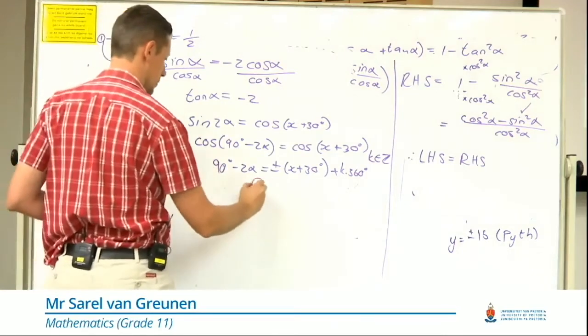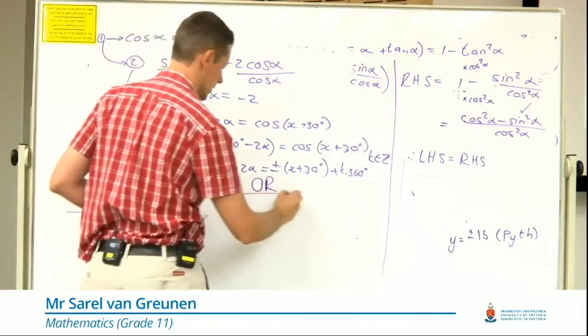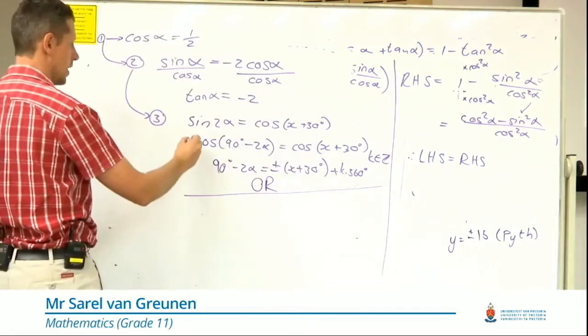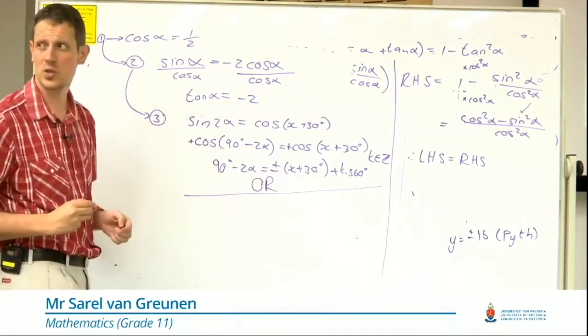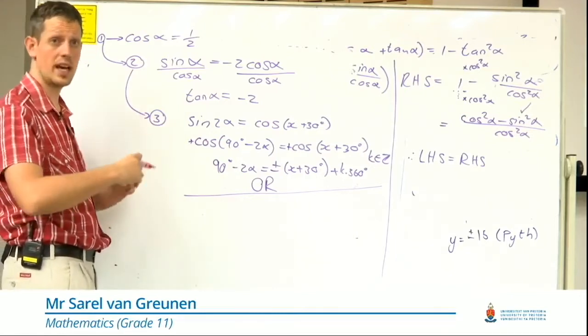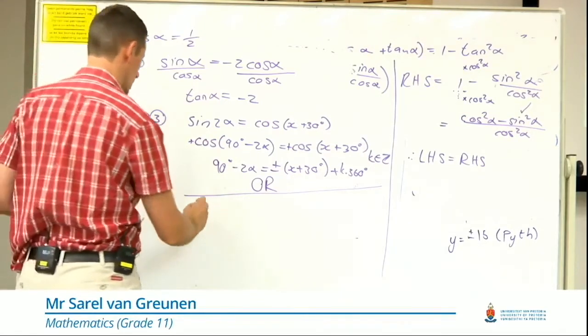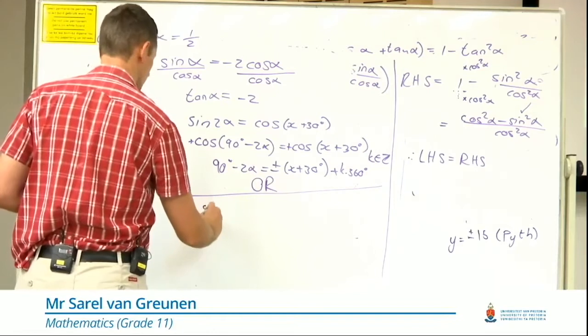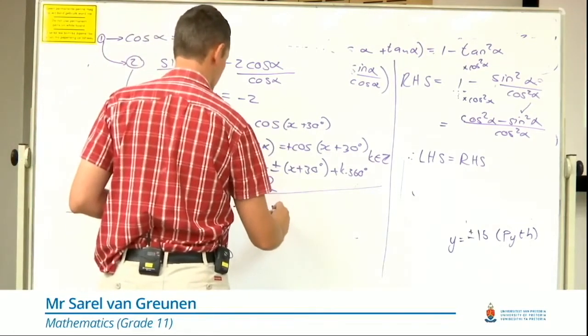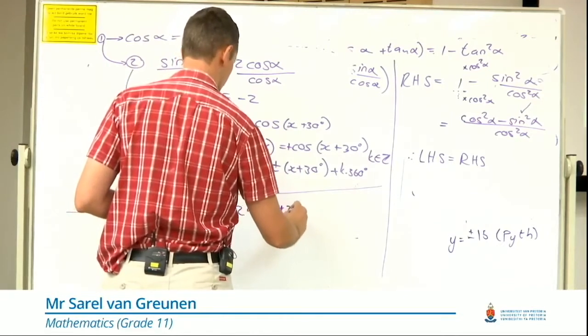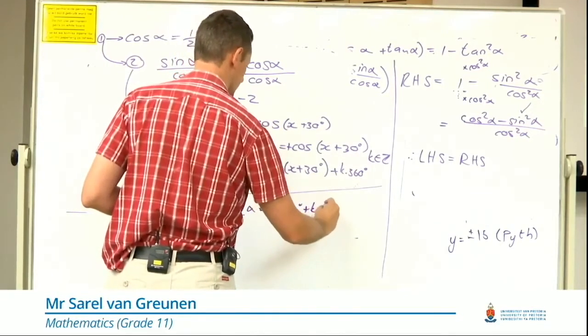So I'm going to say a big R. You're going to have to say both of them are positive. In which quadrants? 1 and 4. So in quadrant 1, I'm going to have 90 minus 2 alpha equal just x plus 30 plus k times 360.